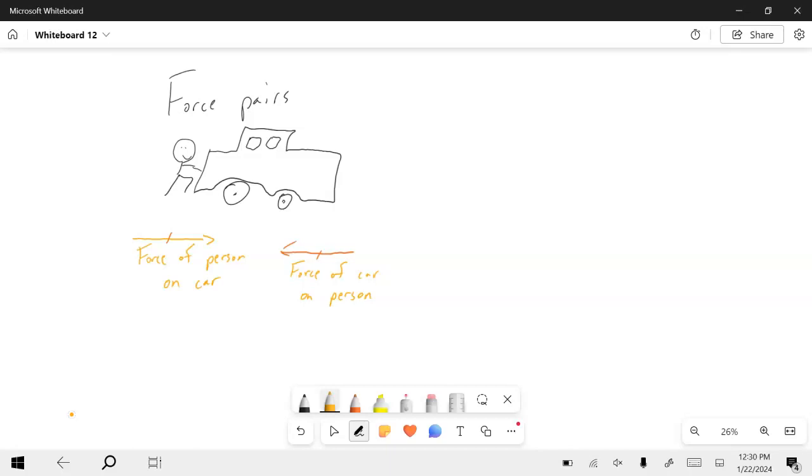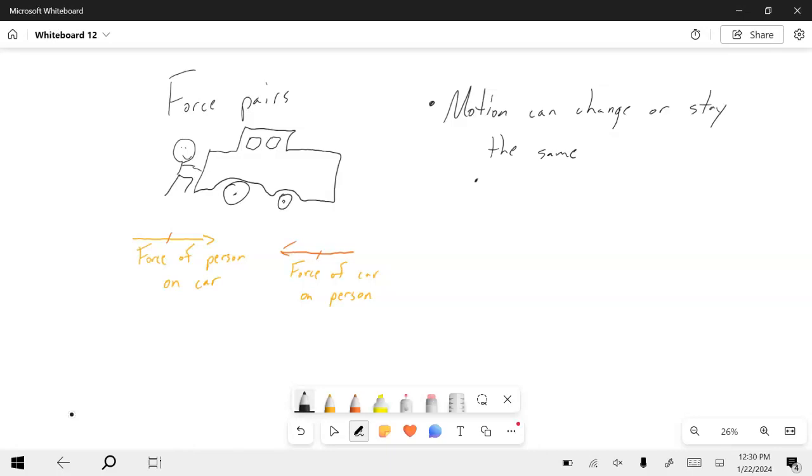This is something you've probably heard before, and maybe your brain's okay with it. But let's just go over some of the details about force pairs. When we have a force pair like this, motion can change or stay the same. So what does that mean?